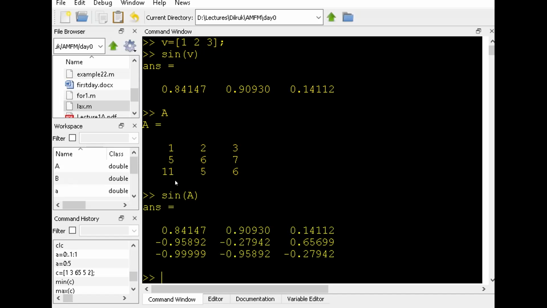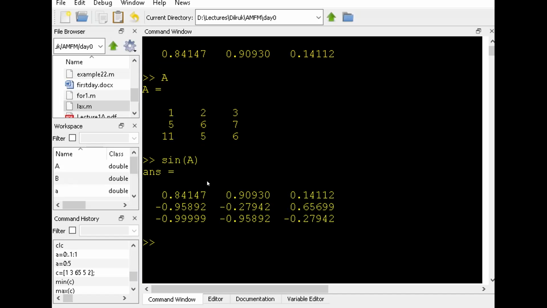Octave will do the job, right? So you don't need to type sine of 1, sine of 2, sine of 3. But if you type sine of the matrix name, Octave computes the sine of each element like this, right?